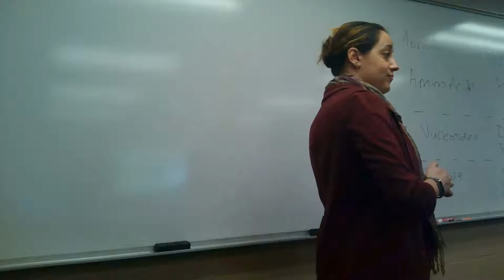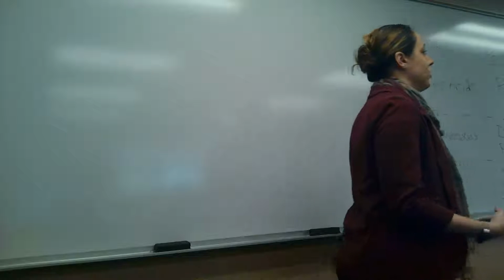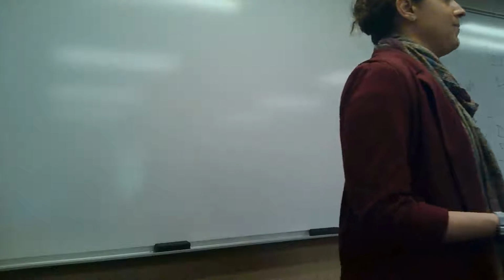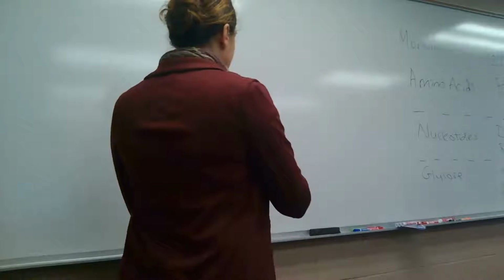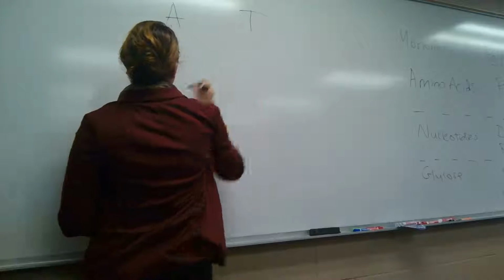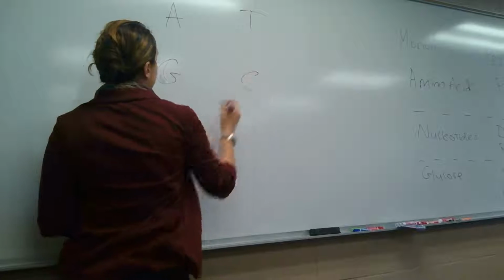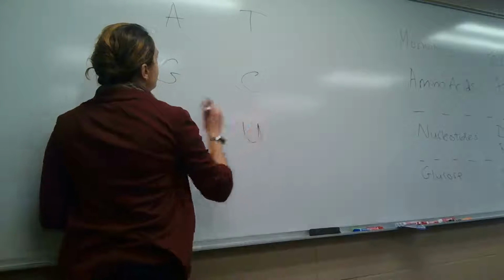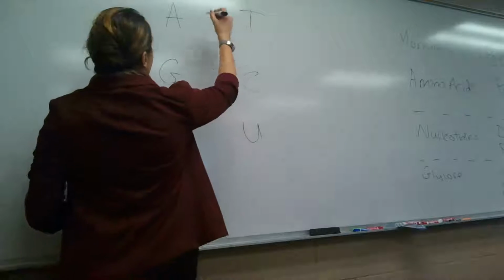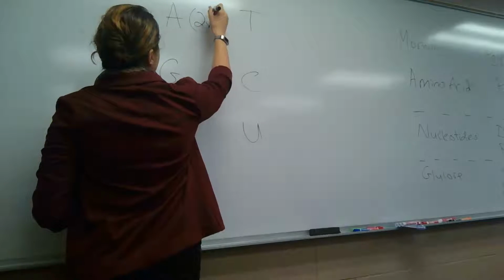Right. As I said, the top row, the pyrimidines, have a single ring structure, whereas the purines down below have a double ring structure. So if we take a look at our base pairing rules, we have A and T, and G and C, and then in RNA we have A and U. For A, we have a double ring structure.